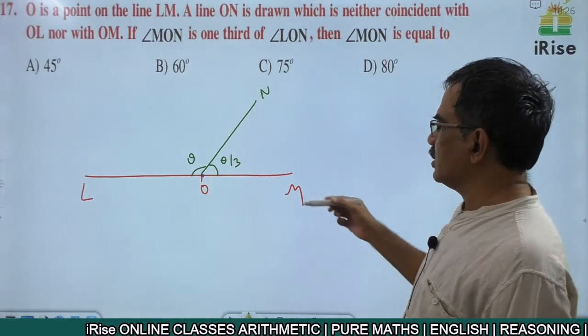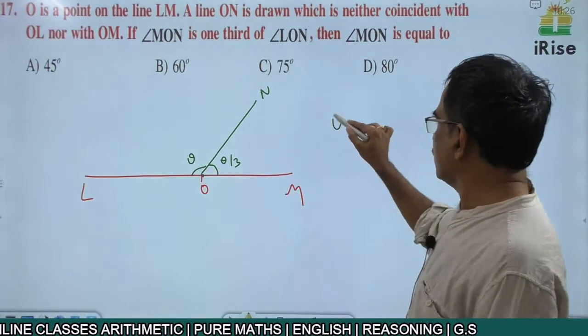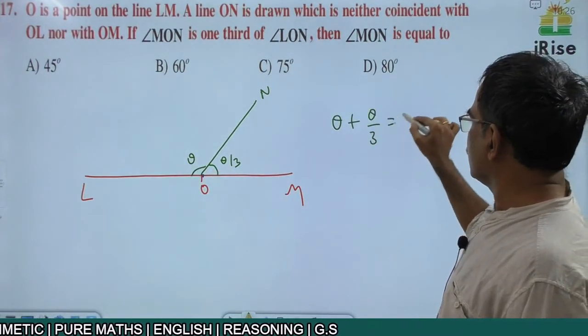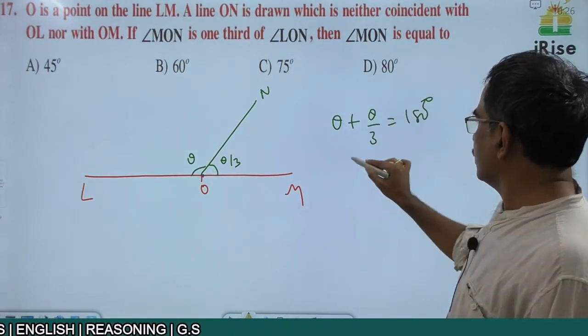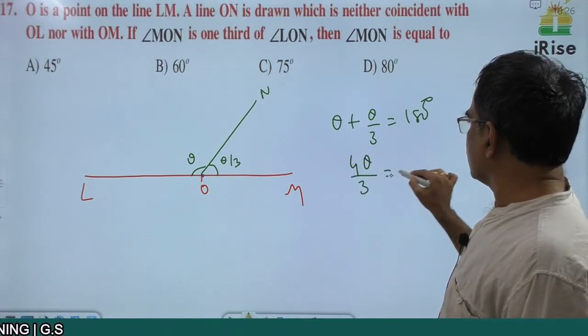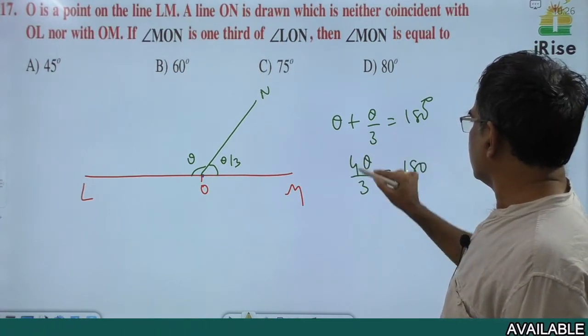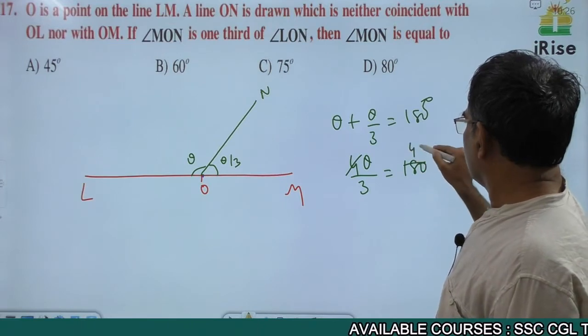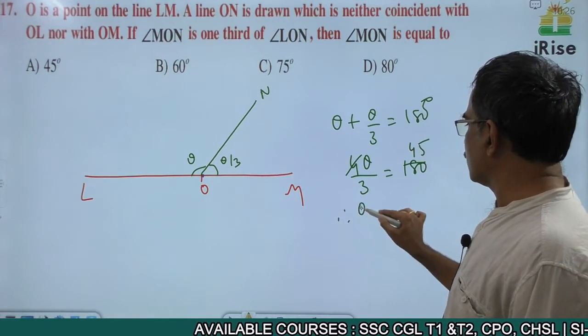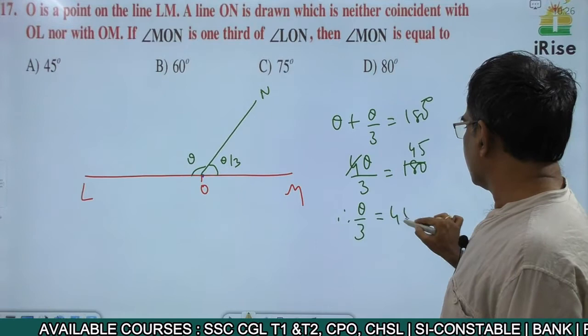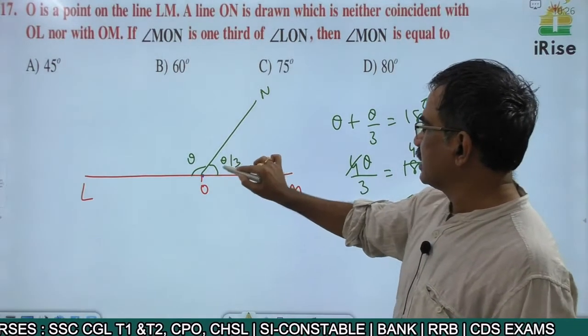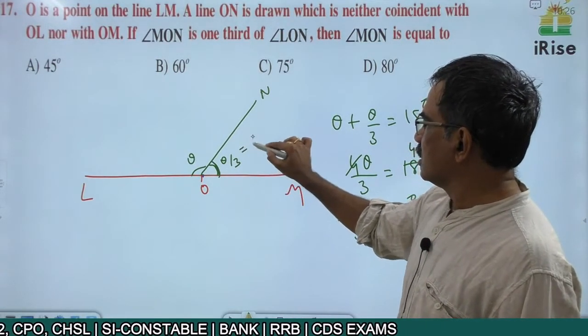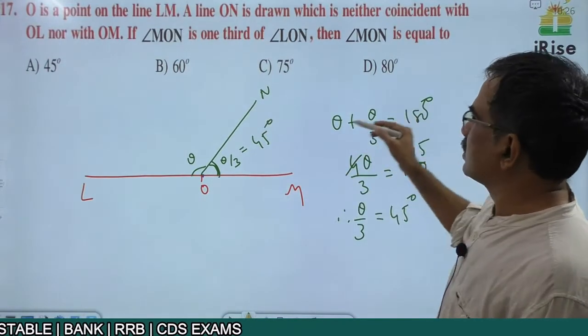Because sum of these two is 180, because they form a straight line. Theta plus theta by 3 is equal to 180 degrees. 4 theta by 3 is equal to 180 degrees. 4 ones 4, 45 is left. Therefore, theta by 3 is equal to 45 degrees. They want theta by 3, this angle. So this is nothing but 45 degrees.